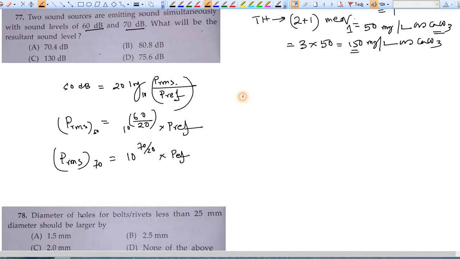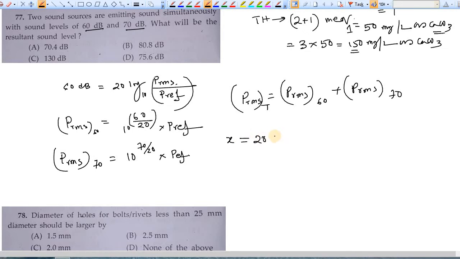So what is the total PRMS? Total PRMS is simply PRMS for 60 decibel plus PRMS for 70 decibel. Now you can calculate the resultant sound level. Let's say this is X, and this is equal to 20 times log base 10 of PRMS total divided by P reference.